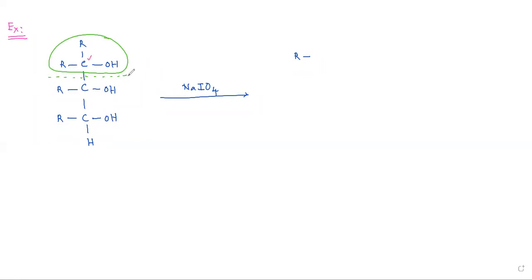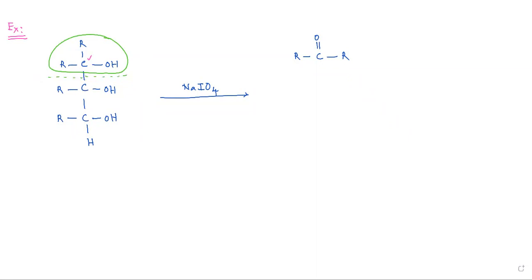I mean, after the bond is being broken, do not consider this portion now. Consider only up to this. Now, because that is a kind of secondary alcohol, on oxidation it gives a ketone. I'm telling you, do not consider the portion below this.